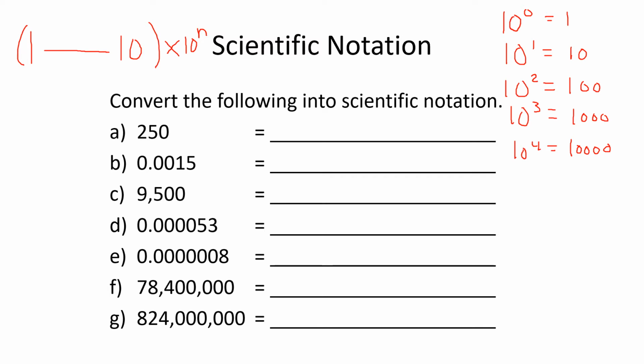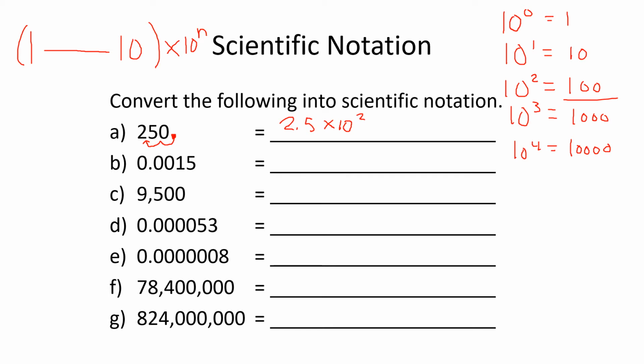So all we're doing is we're going to move the decimal point, and then we're going to multiply by a power of 10. So here's 250. Here's the decimal point, right? So I need to move it over here. So I'm going to change it to 2.5 times 10 to the what? How many decimal places? 2 decimal places. There you go.